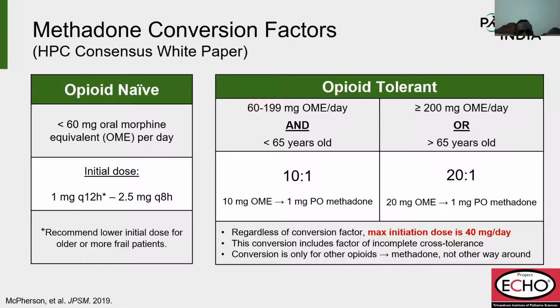How many breakthroughs do you increase the dose? Is it the same three? When do you increase the dose of the methadone, if you are giving more than 3 breakthroughs? So it's going to depend on how much you think is acceptable for the patient.